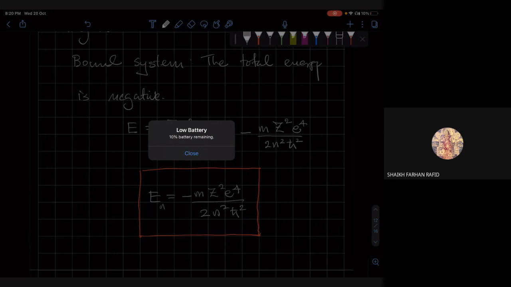The other thing is, it doesn't tell you why different particles of the same type, say electrons, have the same mass, or why they are exactly identical. For that, we have to go to quantum field theory. So the identical nature of particles is built into the framework of quantum field theory.